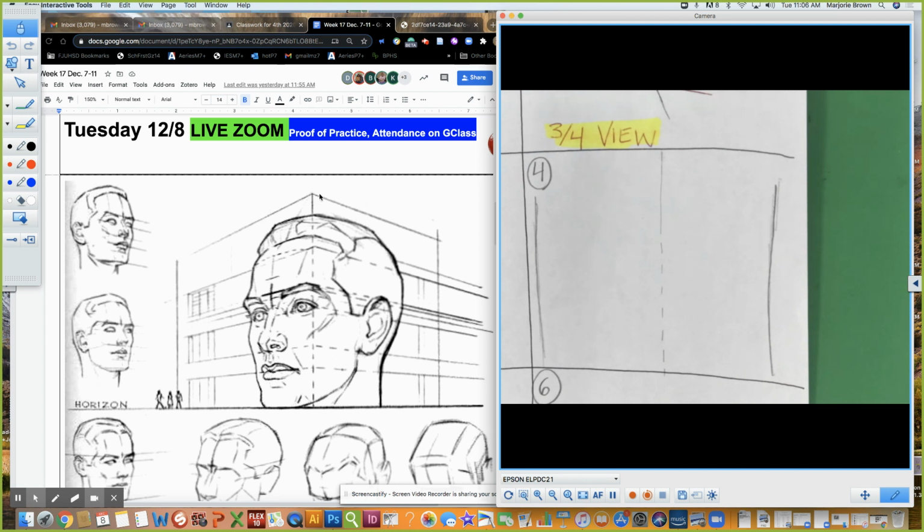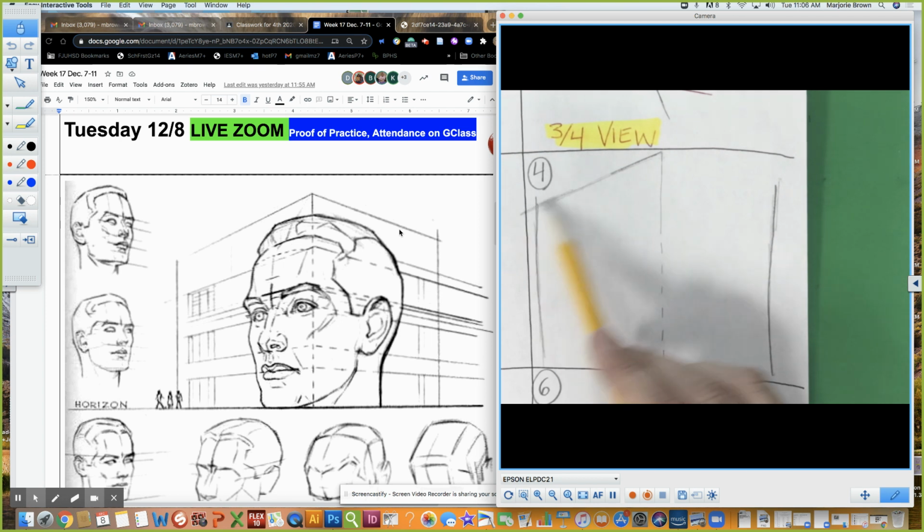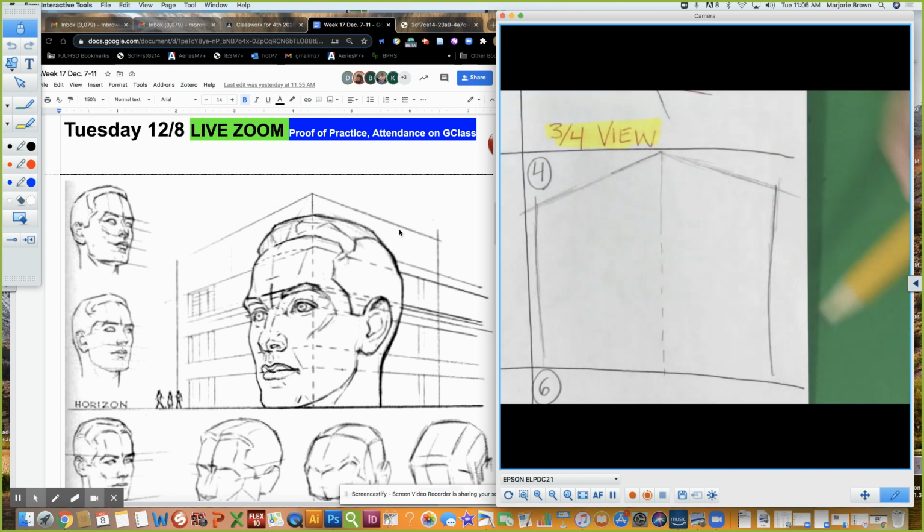So we're trying to make like a cube, and we want the slant to be the same. So now I'm going to do a diagonal here and a diagonal here as best as I can. It almost looks like a house, except this line is a little bit shorter. Your turn.